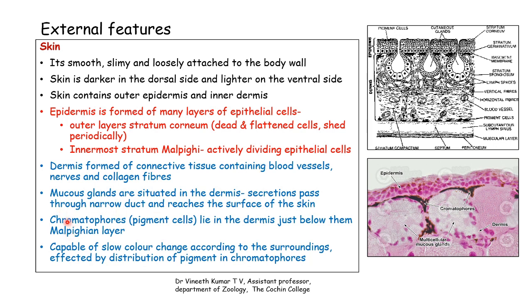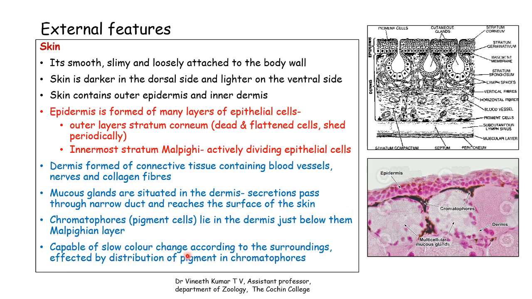Another structure that is seen in the dermis is the chromatophores, or the pigment cells. The chromatophores lie just below the Malpighian layer. It is a layer of cells that is responsible for producing the color variation in frogs.